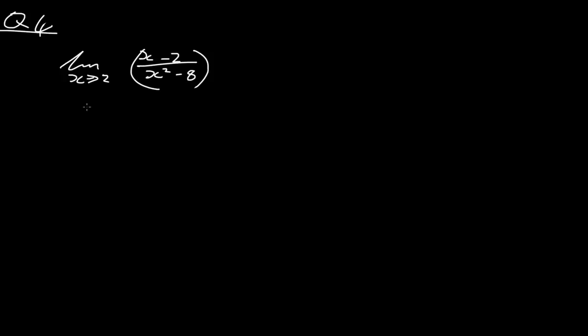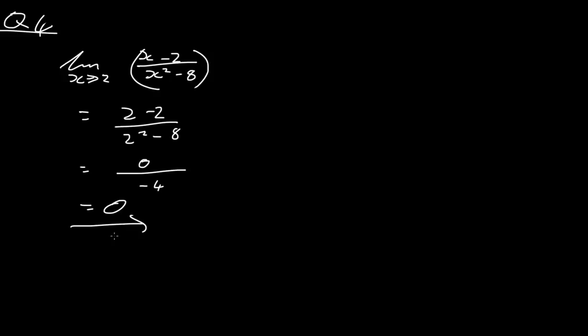All we're going to do is do some substitution and check what form or what answer we get. So if we substitute 2 in, we get 2 minus 2 over 2 squared minus 8, which is equal to 0 over minus 4, which is equal to 0. And there you go, there's your answer. Okay, then let's move on.